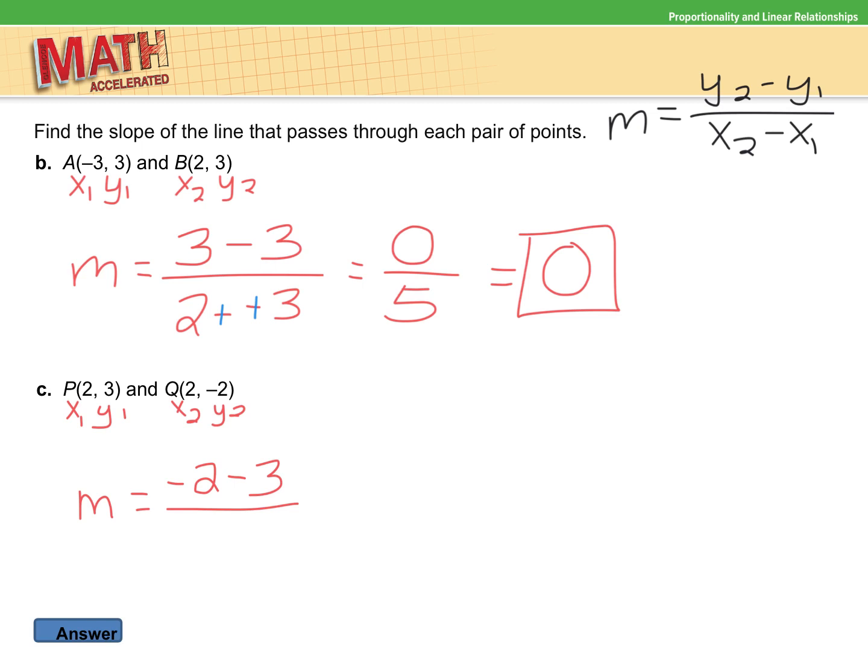And then what's x2? 2, minus x1, which is 2. Now negative 2 minus 3 is negative 5. 2 minus 2 is 0. Can we simplify that?